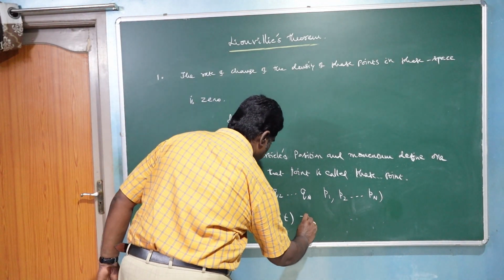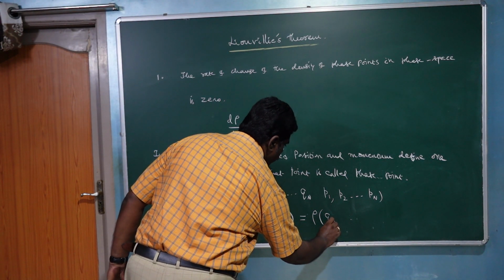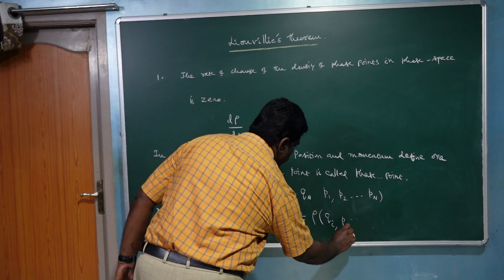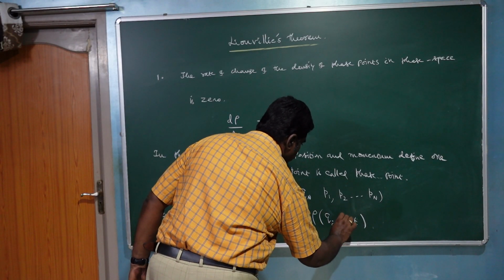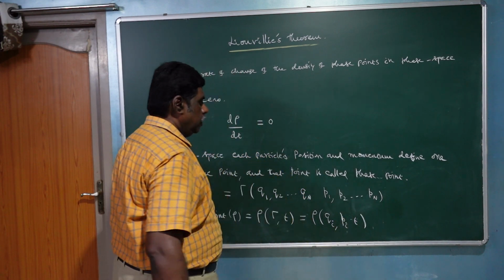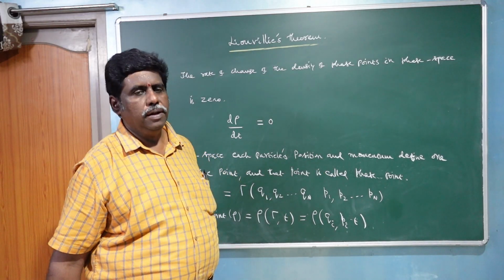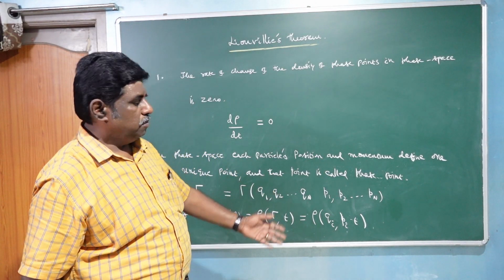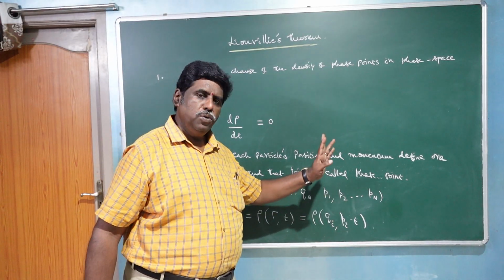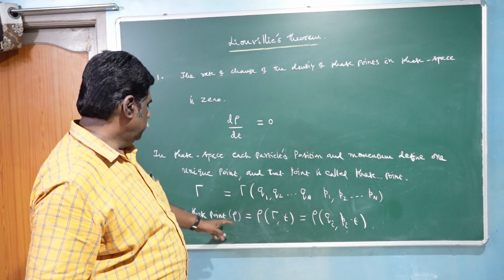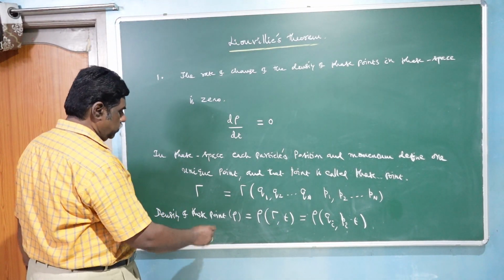So this is rho of qi comma pi comma t. Here i represents 1 to n. Suppose the system is having a number of particles, i varies from 1 to n. This is the density of phase points.